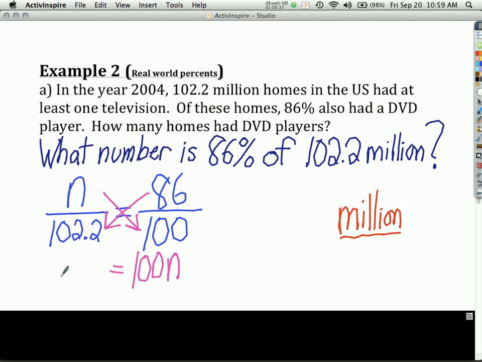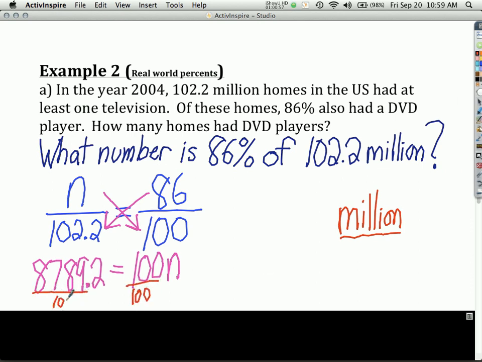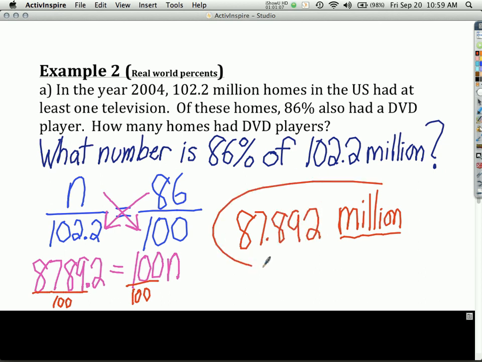I think you did the next step also. Yeah, that's it. Get 8,789.2. And now the final step is to divide both sides by 100. Divide by 100. And now go ahead, Kayla. You already said it. What did we end up with? 87.892 million homes.